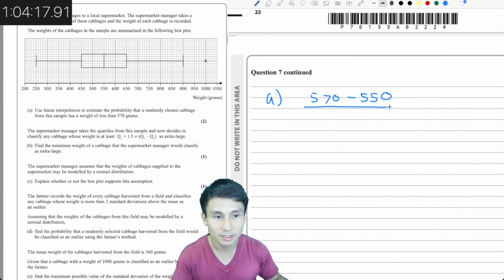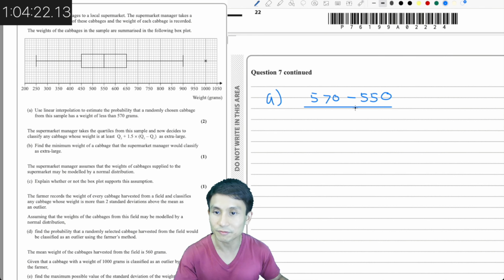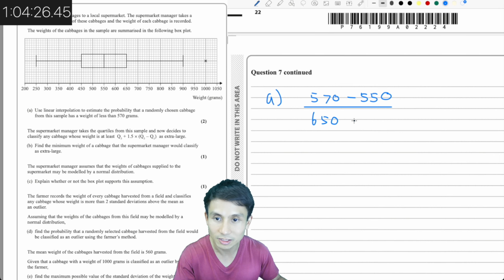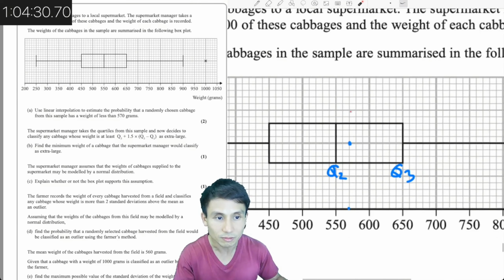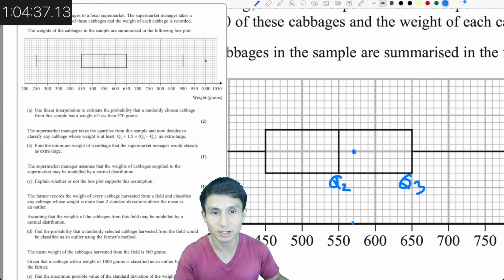Interpolation. Because I do 570 minus 550 divided by 650 minus 550. It's just the length of this bit divided by the length of this bit, because we want to find what is the percentage around here.